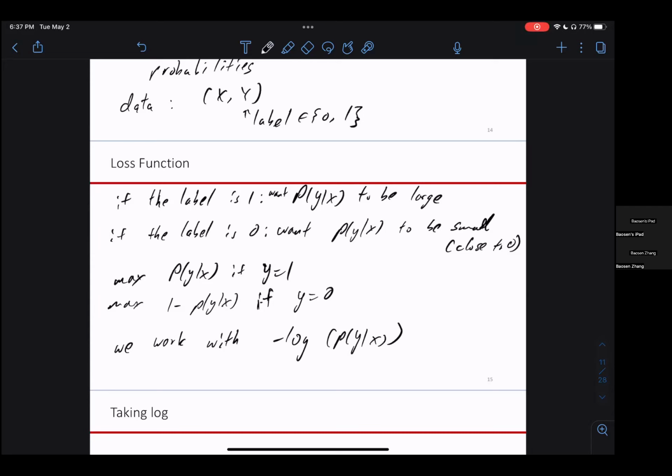But suffice to say, log is a monotone function, right? Log of x is large if x is large. Log of x is small if x is small. Okay. So I'm just replacing this value through a monotone function. Mathematically, this is just a better function to work with.